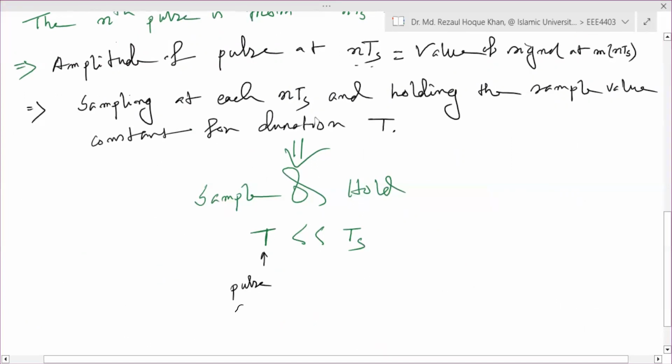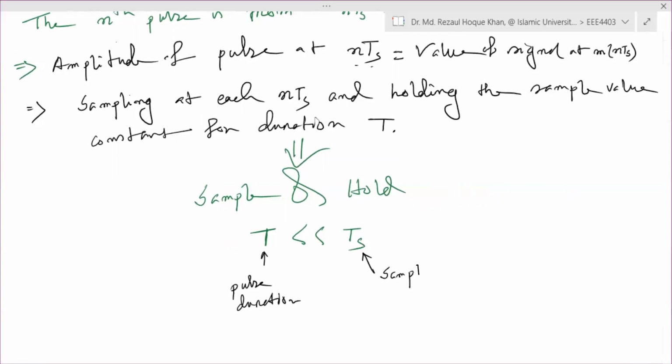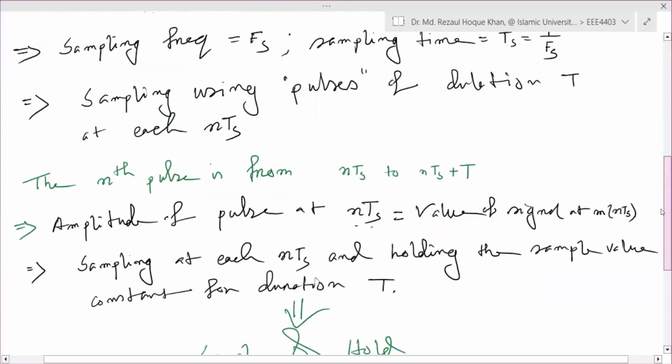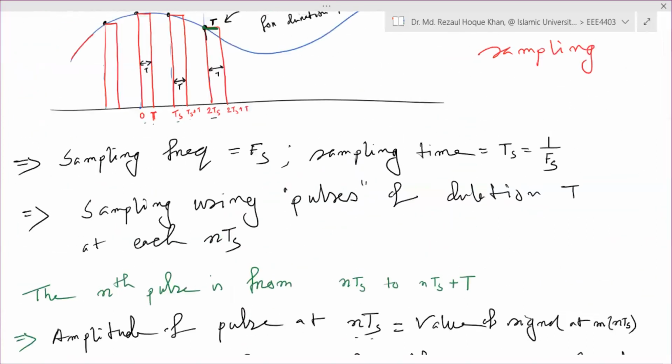And this Ts is the sampling interval, which in our case is 0, then Ts, then twice Ts.